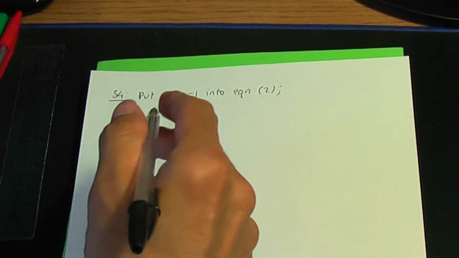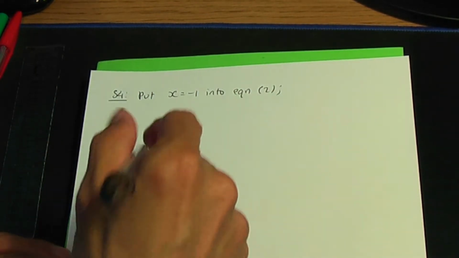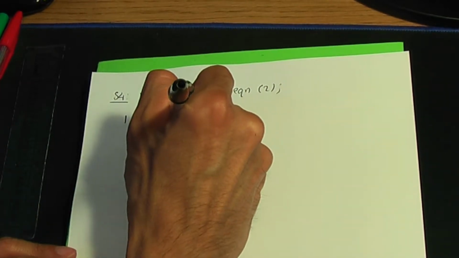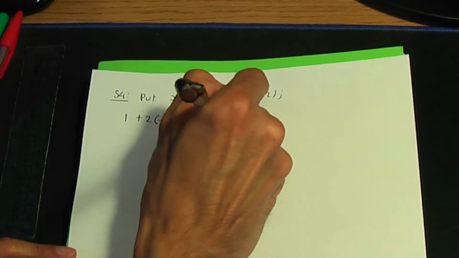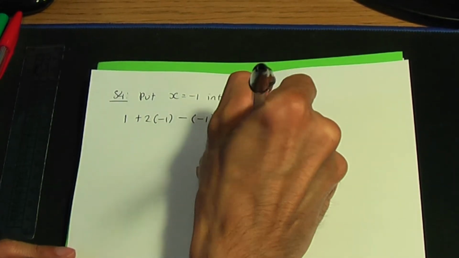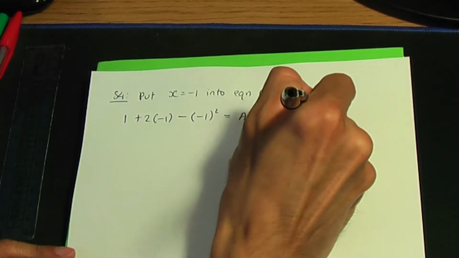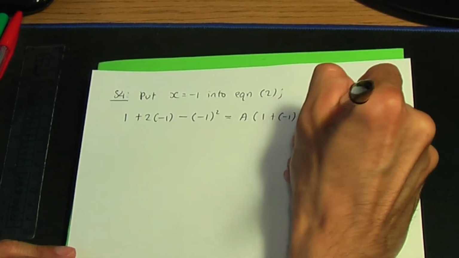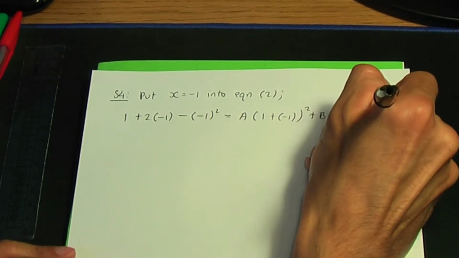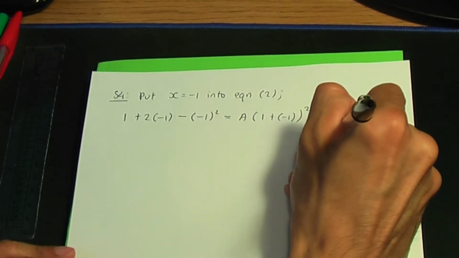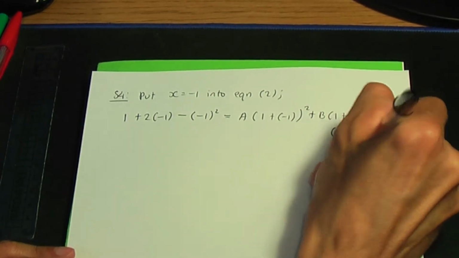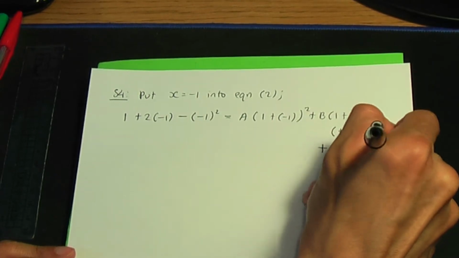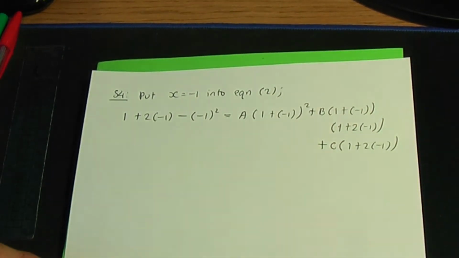When you put x as minus 1, we're going to have 1 plus 2 into minus 1 minus the minus 1 squared, equal to a into 1 plus minus 1 squared, plus b into 1 plus minus 1 into 1 plus 2 into minus 1, plus c into 1 plus 2 into minus 1.